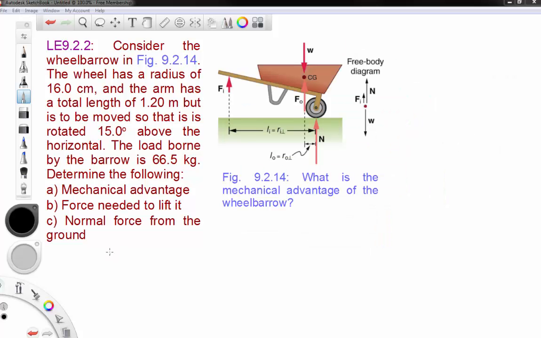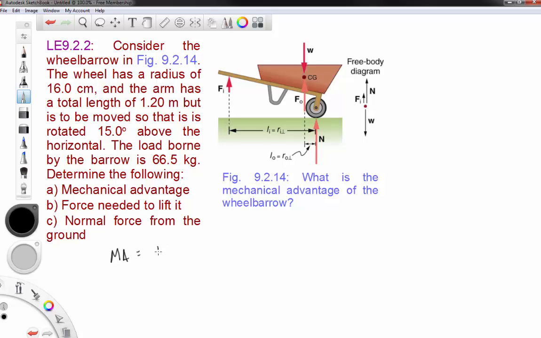All right, the mechanical advantage part is going to be given by this perpendicular length versus this perpendicular length. You could think of this as acting either as a lever or as a wheel and axle, depending upon how you want to imagine it. Either way, you're going to get the same mechanical advantage.